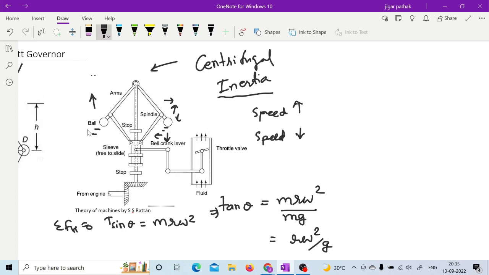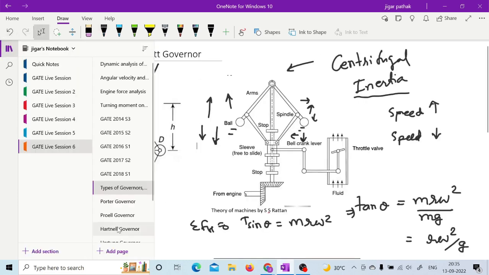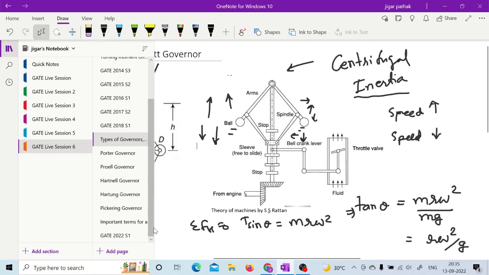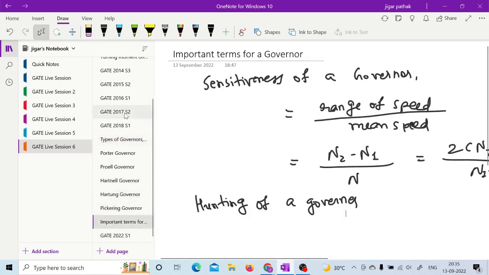If it is decreased in such a manner that it goes below the equilibrium condition, then again it needs to be increased, and if it goes above the equilibrium speed, then this cycle will keep on running, right? If it happens so, then it is known as hunting of governor. So this hunting of governor is an important phenomenon in a governor, right?